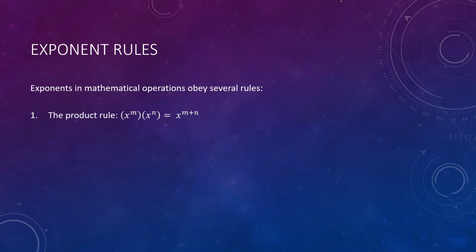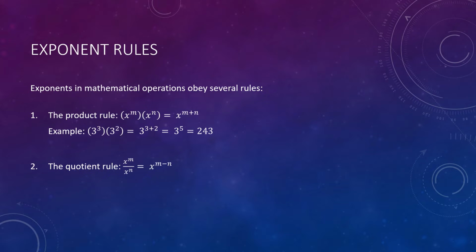The product rule for exponents states that if you multiply two values with exponents, you take the base number and raise it to the sum of those two exponents. In other words, x raised to the m plus n. As a general example, let's say you have 3 raised to the third power times 3 raised to the second power. You keep your base number 3 and then raise it to the sum of the exponents, which is 3 plus 2. 3 plus 2, hopefully we can do that, is 5. So that gives us 3 raised to the 5th power, or 243.